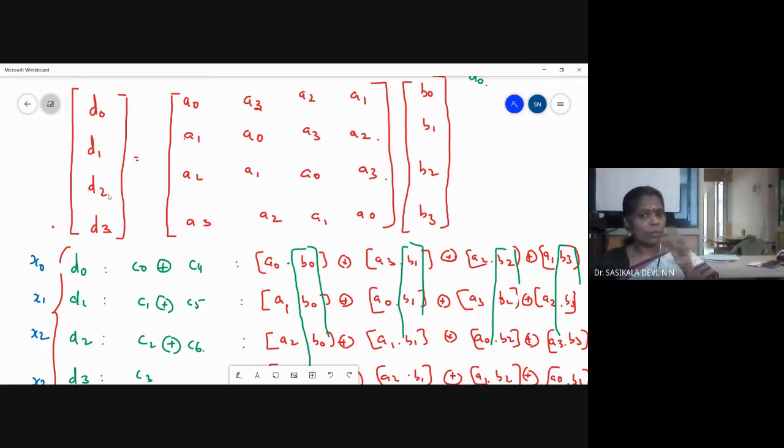What we are doing is multiplication over a polynomial ring, but it can be simplified as a simple matrix multiplication: a 4 by 4 matrix multiplied with a column vector.